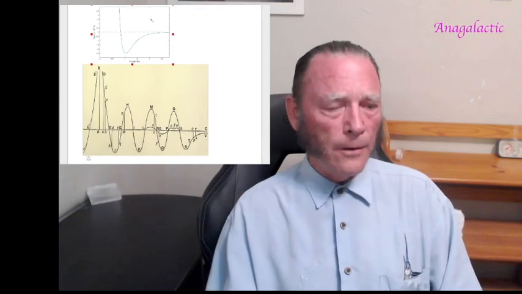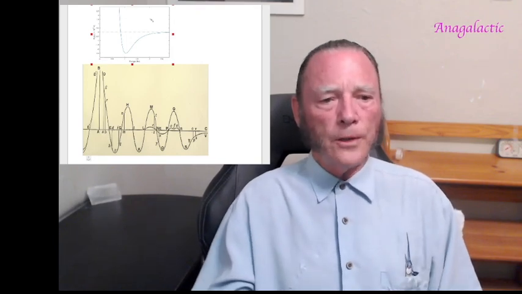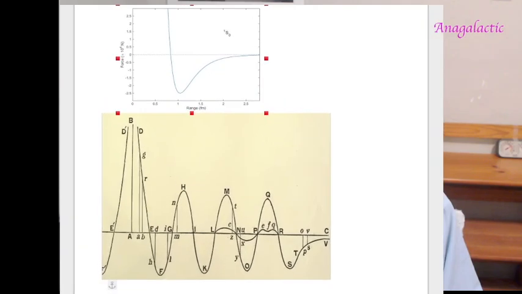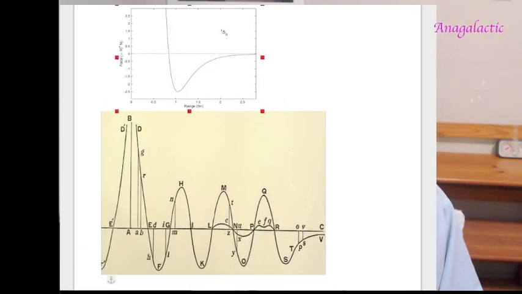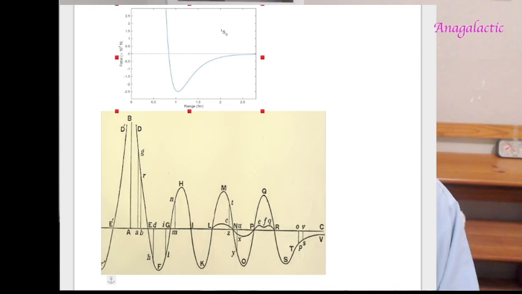Now, first, to clarify, I'm just going to expand this a little bit so you can see it. The top curve is from Wikipedia, and it refers to a proton-proton binding energy radius. I've explained it so many times, and I've confused people by doing so.